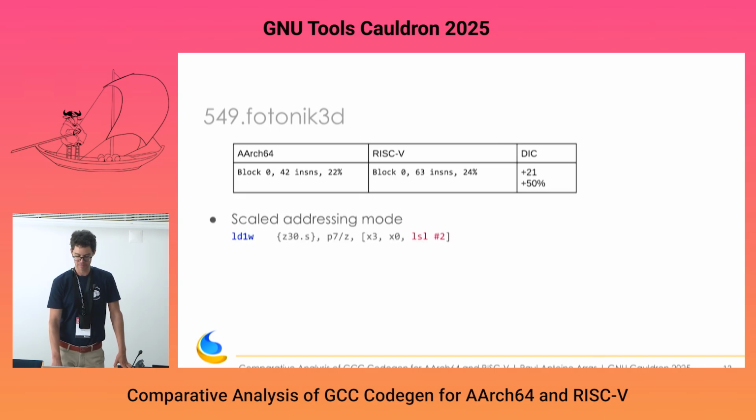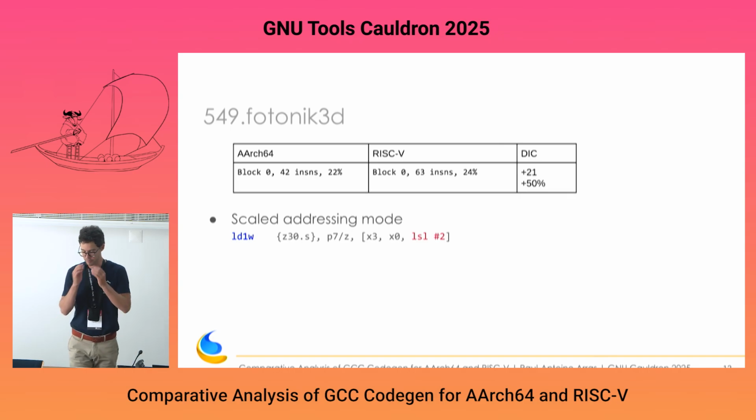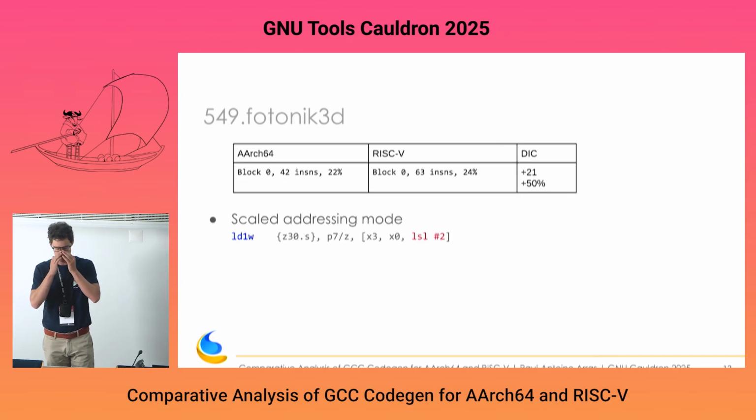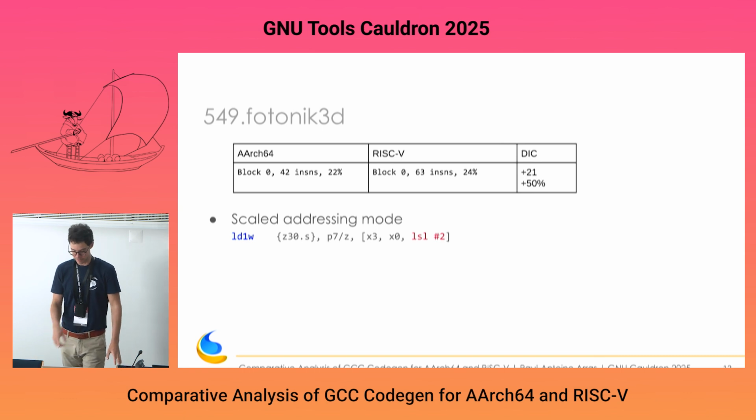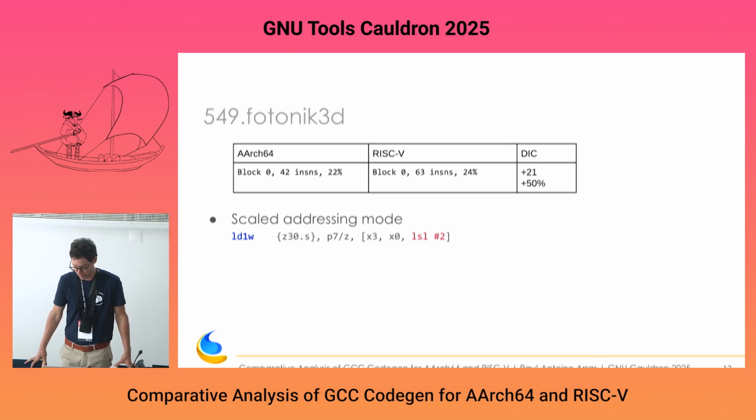And it turns out that this one has nothing to do with the compiler itself. It's really an ASL limitation. So this code is not RISC-V. This is AArch64. So this is a load. But if you look at how it's done, it's loading into a vector register, Z30. The base address is in X3, and you've got the offset in X0.